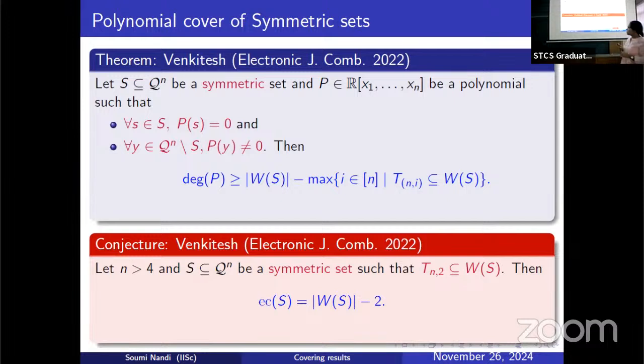And Venkatesh also conjectured that if S is a symmetric set where these four layers, 0, 1, n minus 1, n, are in S, and we want to cover the points of S, then the number of hyperplanes required will be greater than this lower bound for the polynomials.